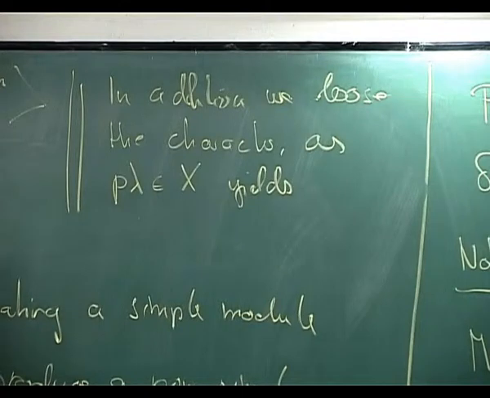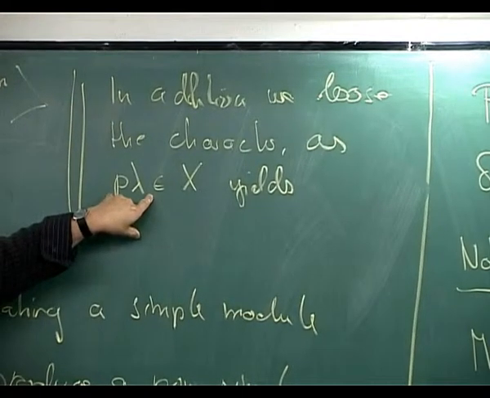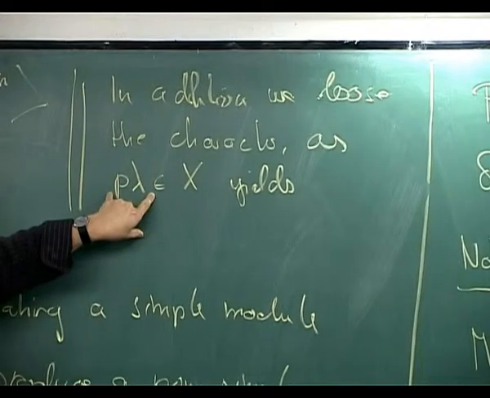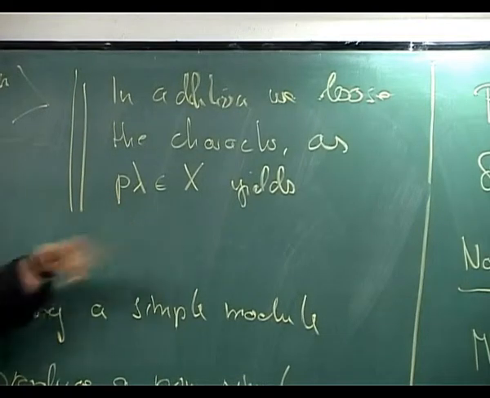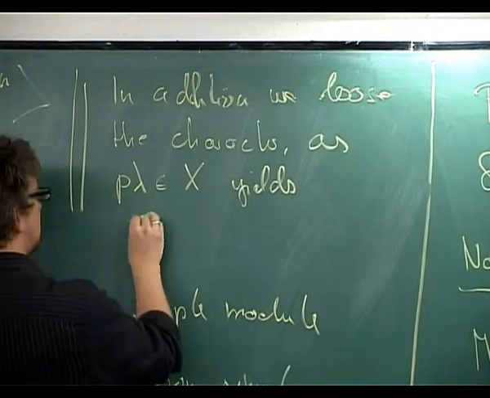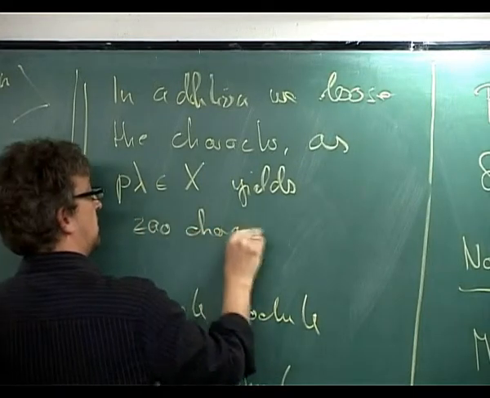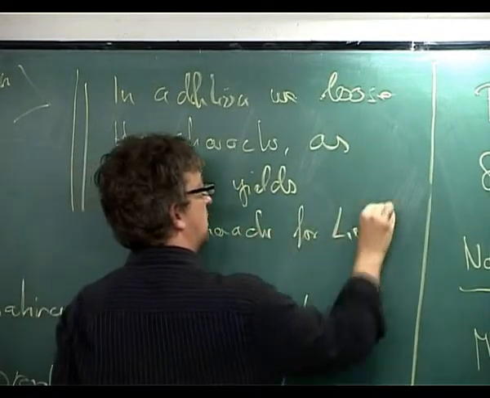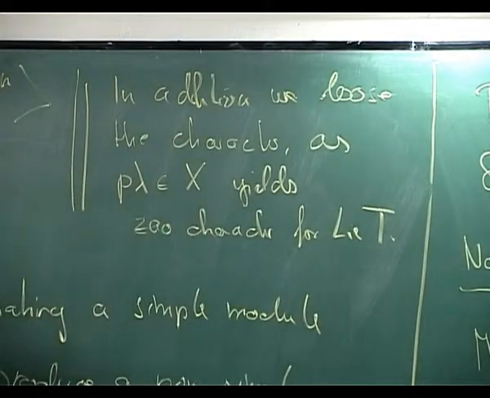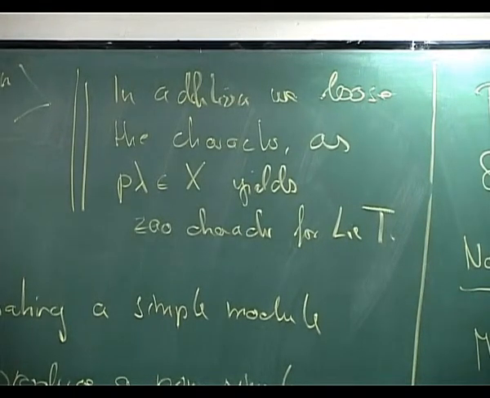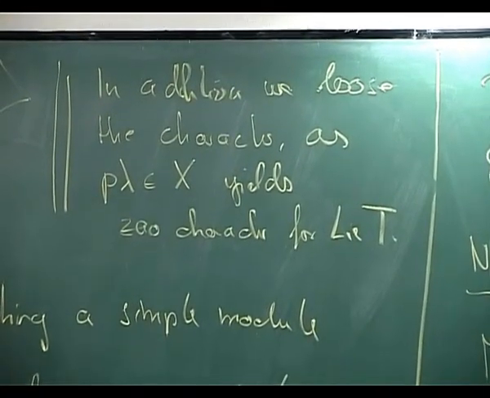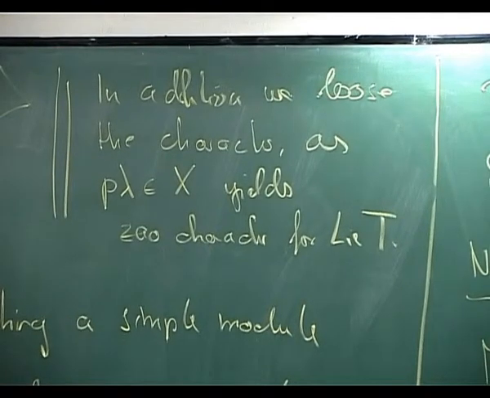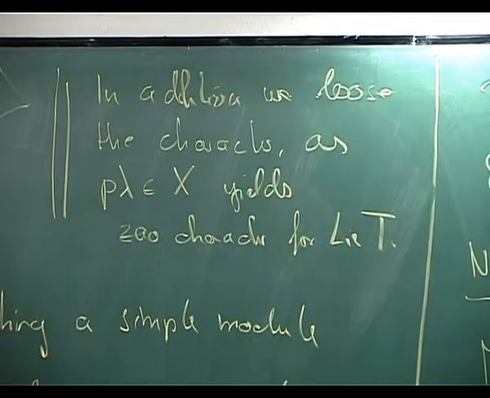We write this additively in the group, but it's actually a p-fold product of a character. If you differentiate it for the Lie algebra of T, we get 0. So it's a 0 character for the Lie algebra. So these characters coincide. Okay, so we lose the character. We'll find a way around that problem in a bit.